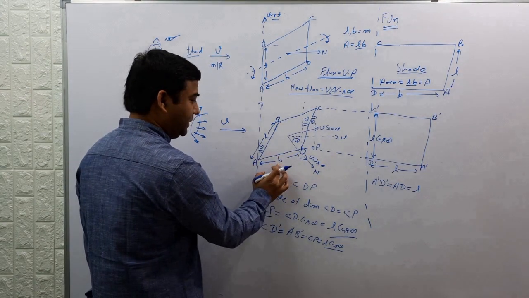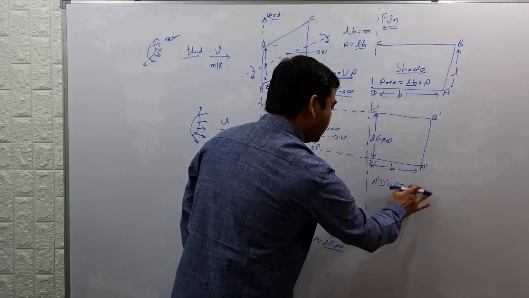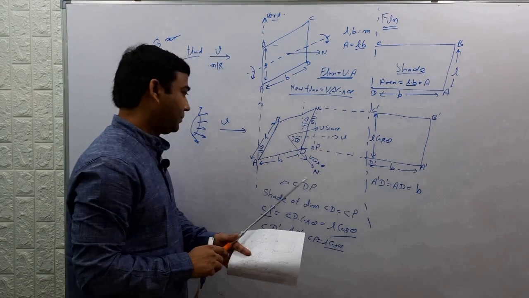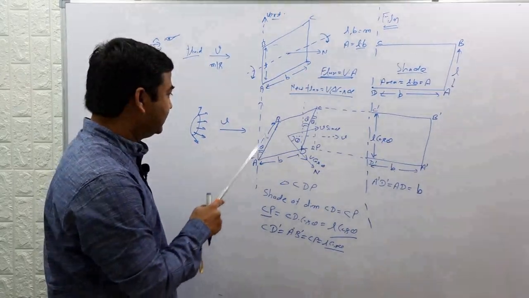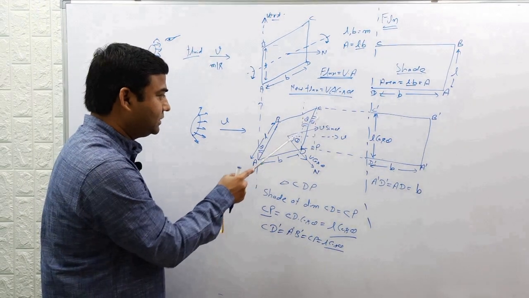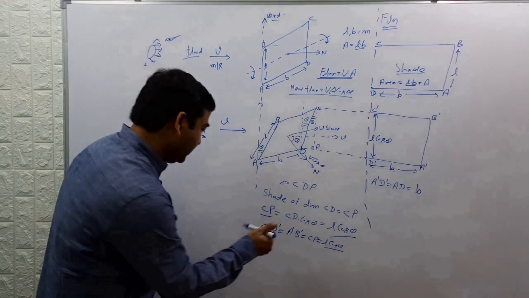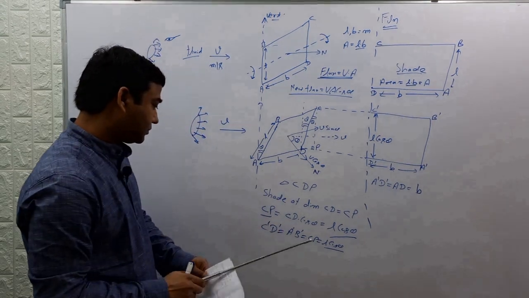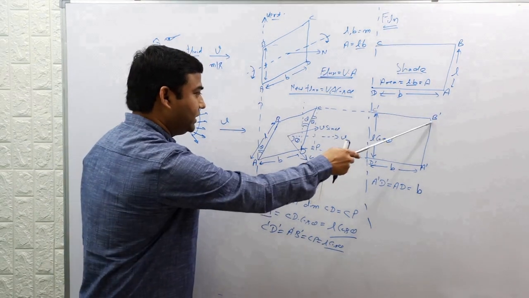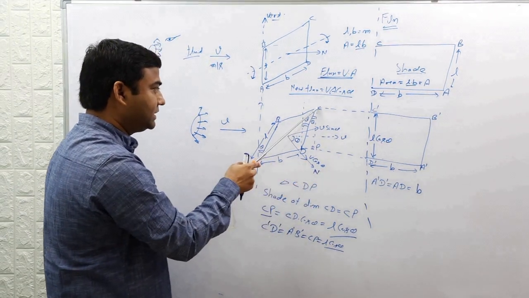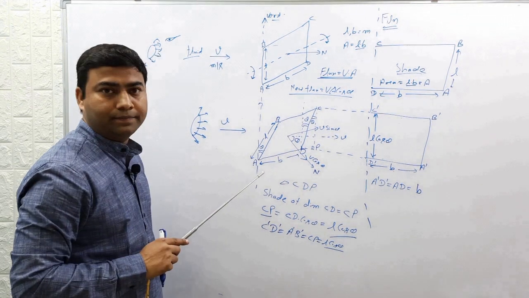Sorry, this AD is B, so A dash D dash will be B. So you can easily understand this whole argument. This length of the shade is CP, which is L cos theta. C dash D dash is equal to CP, is equal to A dash B dash, which is the length of the shade of CD or AB, that is L cos theta.